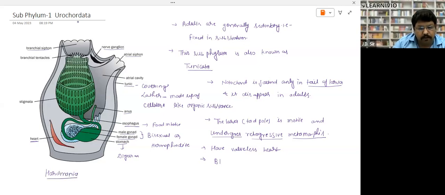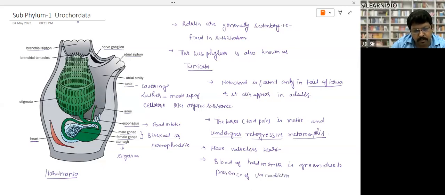The blood of Herdmania is green due to the presence of vanadium.